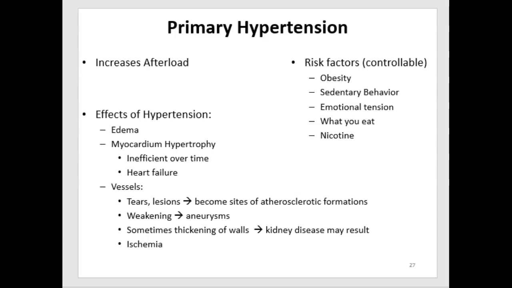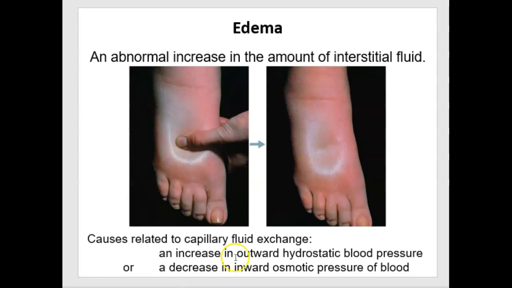So what you see in terms of edema with chronic hypertension is an increase in the amount of interstitial fluid. It's due to this increase in the outward hydrostatic pressure of the blood in hypertension. And so you get swelling in the tissues. And I have a picture here of severe swelling.